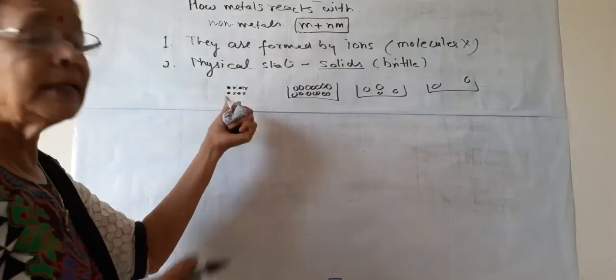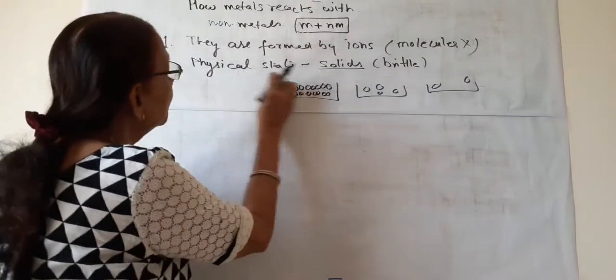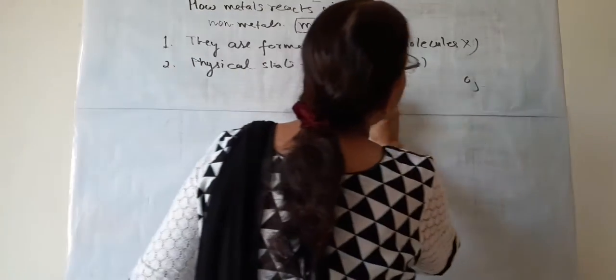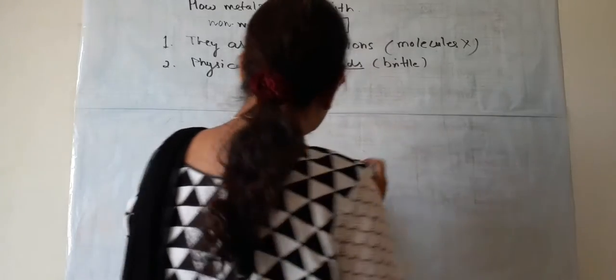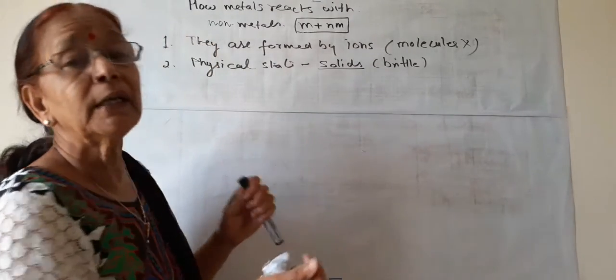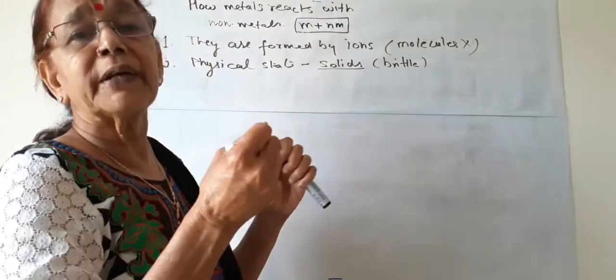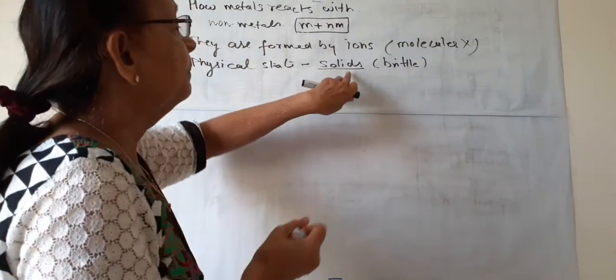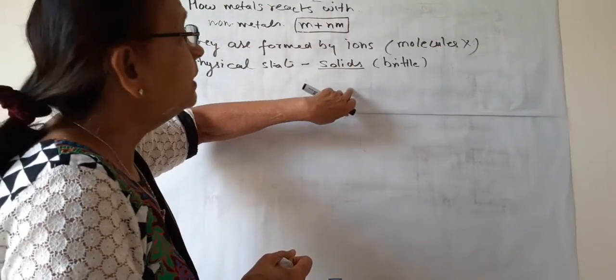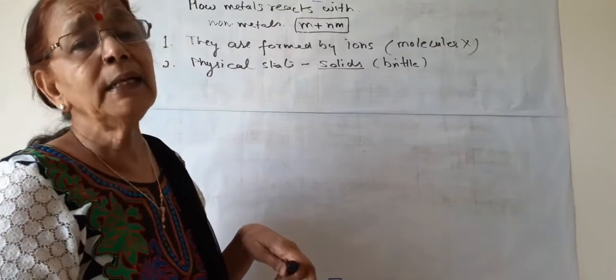So here the ions are so close to each other, they are very small in size, and there is so much force of attraction between them that they become strong solids which are brittle in nature.